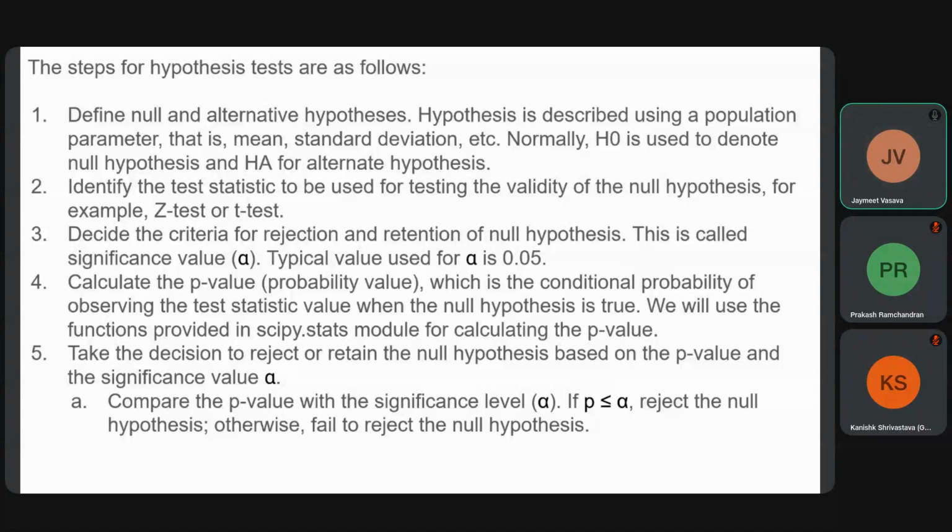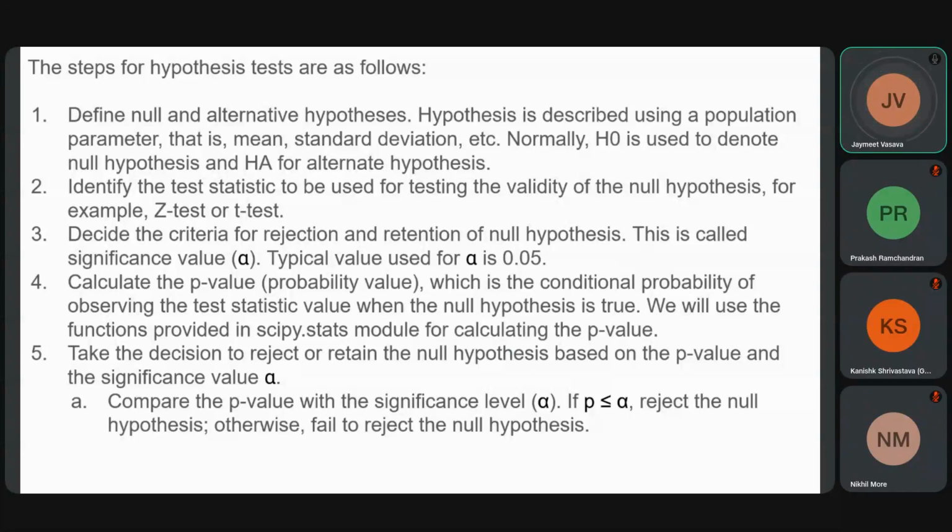So this is nothing but a framework that you can follow in order to carry out hypothesis testing.